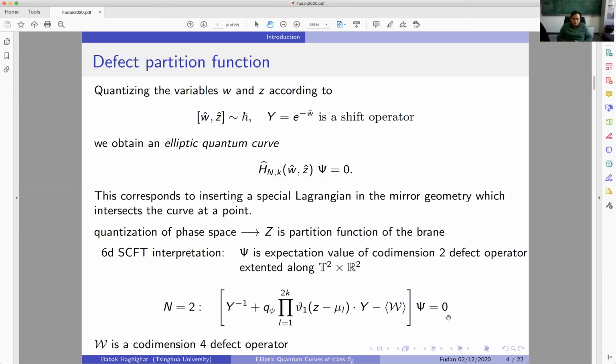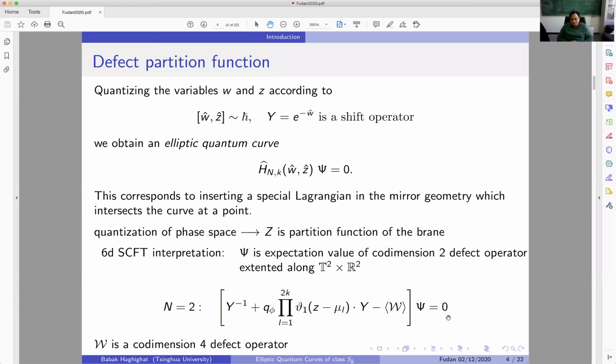Usually the way it works, we put this geometry on the Omega background, and then you have epsilon1 and epsilon2 corresponding to two R2 planes in the R4. The codimension 2 defect will be specified by one of these epsilon planes, and the codimension 4 operator is at the origin of R4.